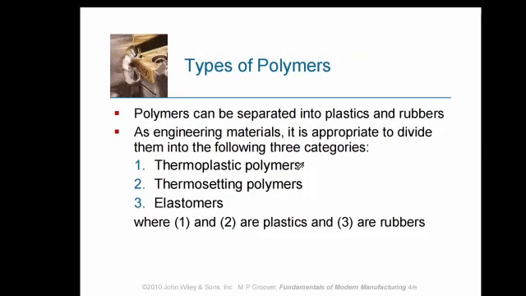Then in terms of the types of polymers, we can classify polymers either as plastics or rubbers, but also, from an engineering perspective, you can classify polymers as thermoplastic polymers, thermosetting polymers, or elastomers.